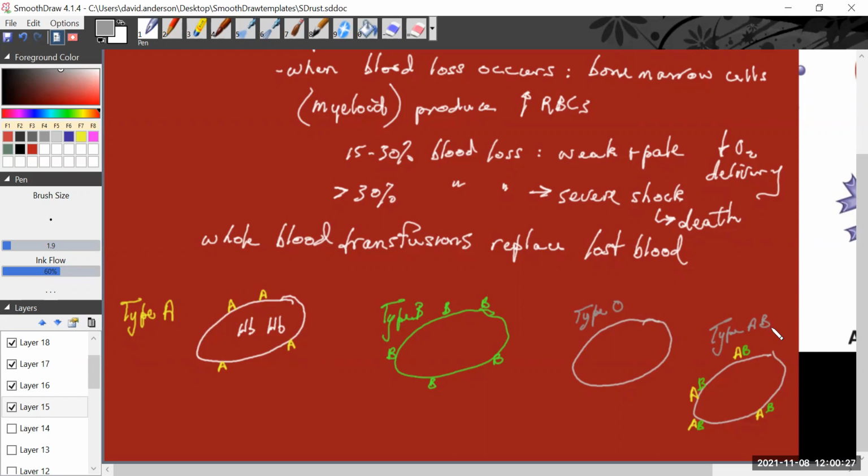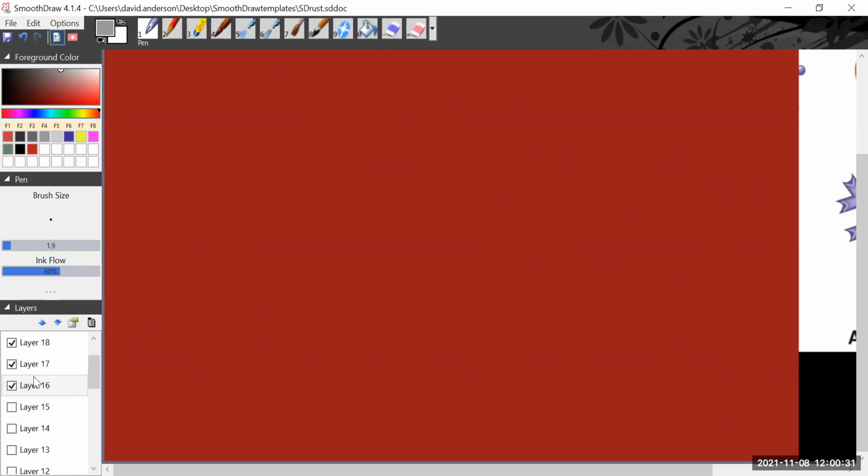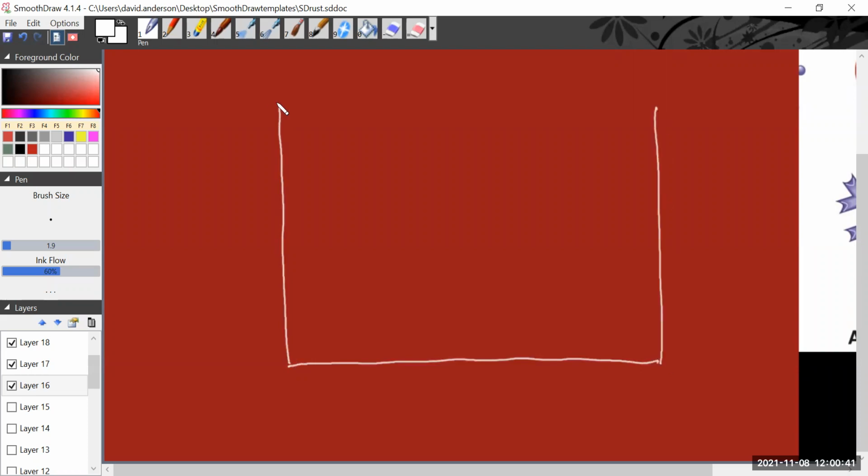So the idea here is that if we take a look at our red blood cells, okay, if we give ourselves a chart. So here's our chart.